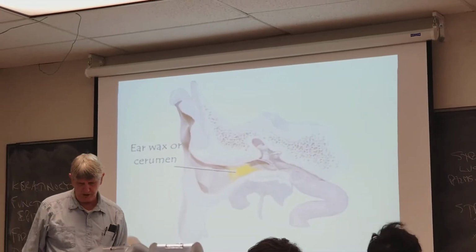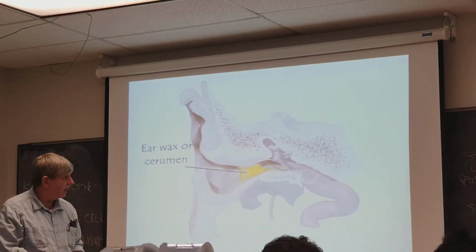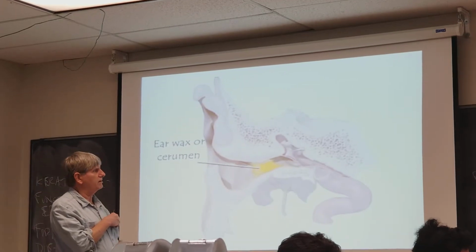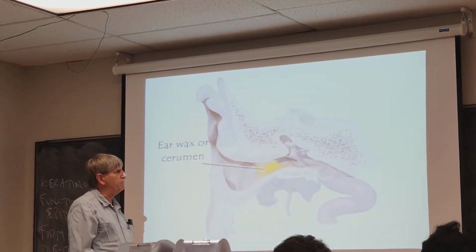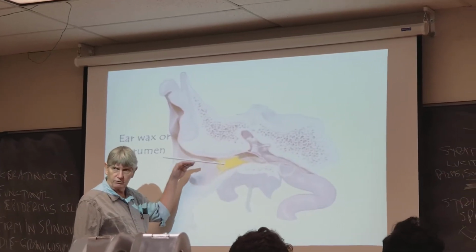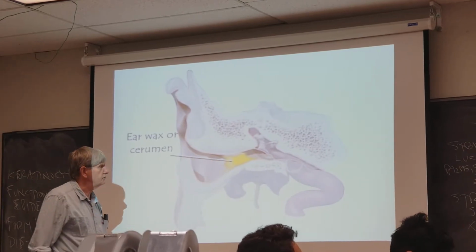Okay, so ceruminous glands secrete cerumen, earwax, into the ear canal. We'll be seeing this view as we talk about hearing. But again, there's a bunch of hair in there that helps to keep bugs and other debris from getting back up to the eardrum.